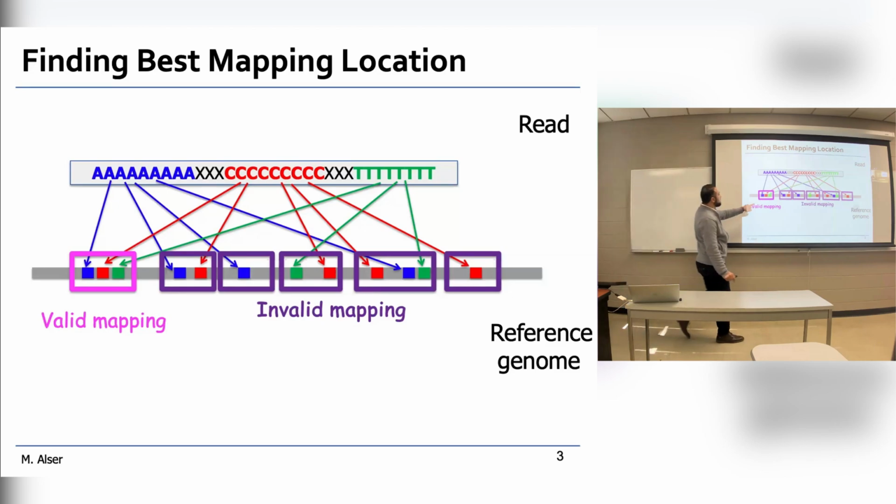Because we have very high similarity in regards to the seeds and in regards to the order of those seed matches. So not only the seed content is important, however, the order of those seeds is really important as well. For example, in here, we have the red, blue, and green. So all of them match. However, the order is tweaked.